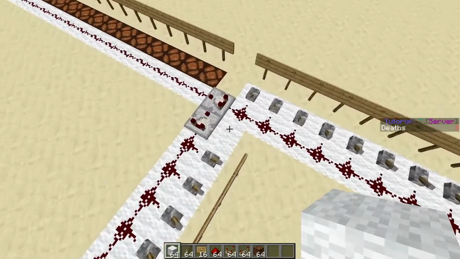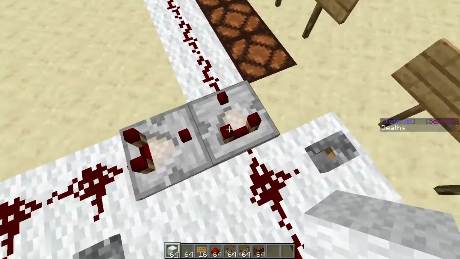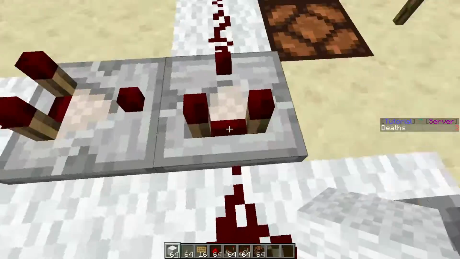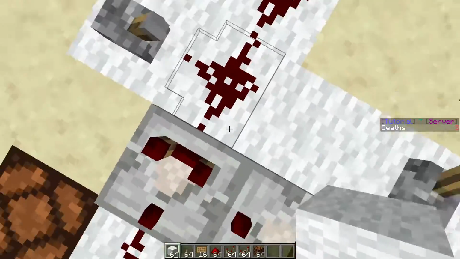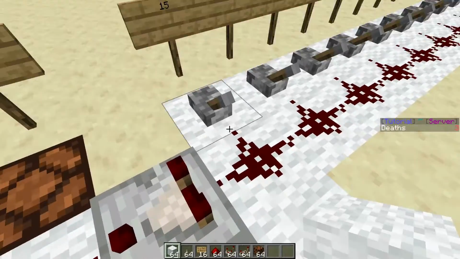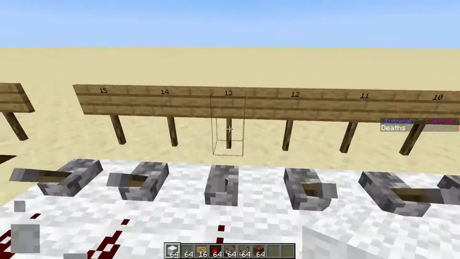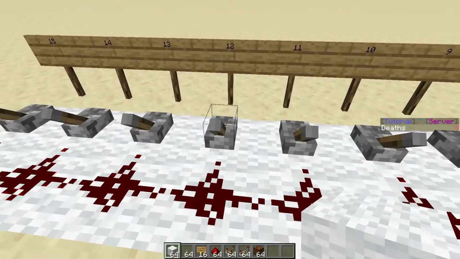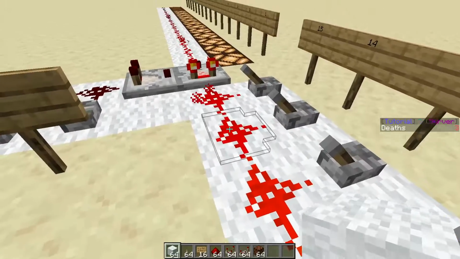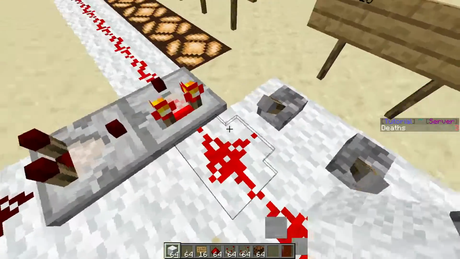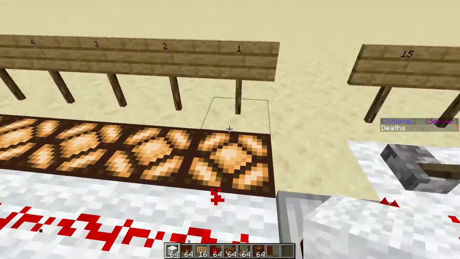The comparator reads at the two redstone torch things right here. It reads the signal strength that is here, and then it outputs it at the dot here. So if we give this a signal strength of 12, so 15, 14, 13, 12, it will read that and output a signal of 12.